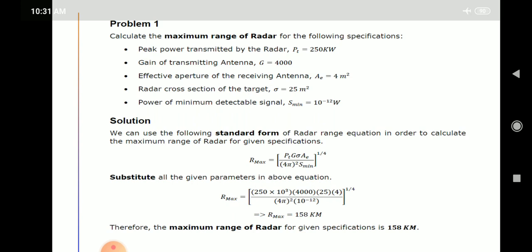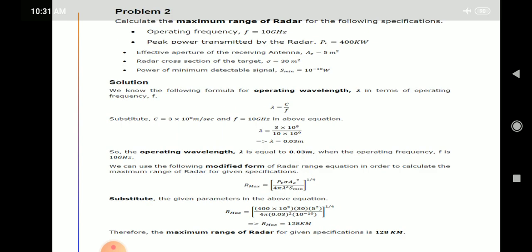We use the standard form of the radar equation: R maximum is equal to PT G sigma AE upon 4 pi square S minimum to the power 1 by 4. If we place all the above values in this equation, we get R maximum is equal to 158 kilometer. Therefore, the maximum range of the radar for the given specification is 158 kilometers.